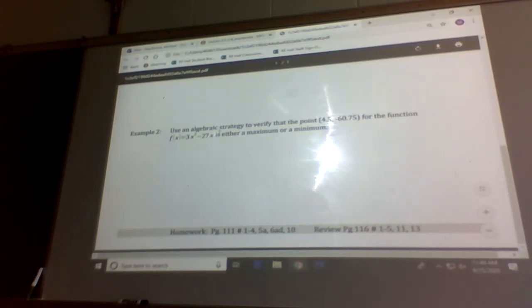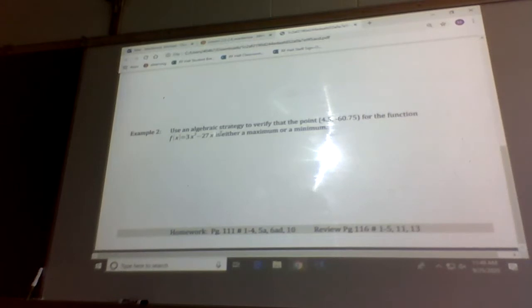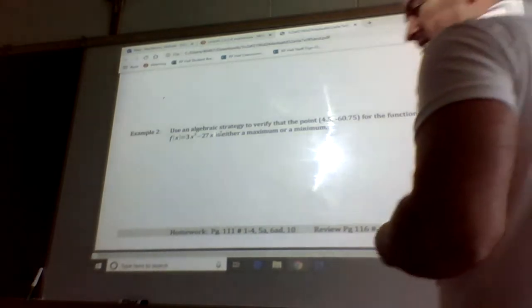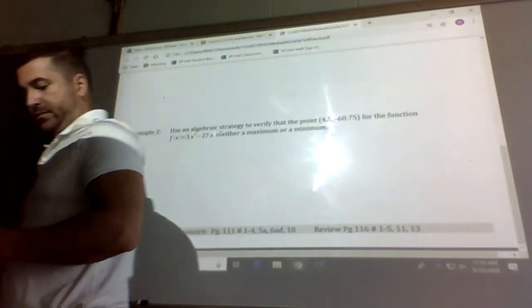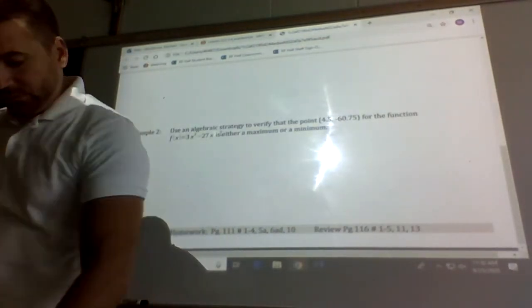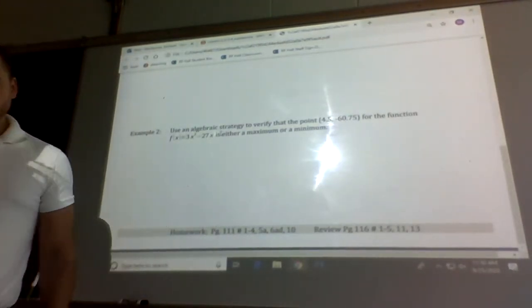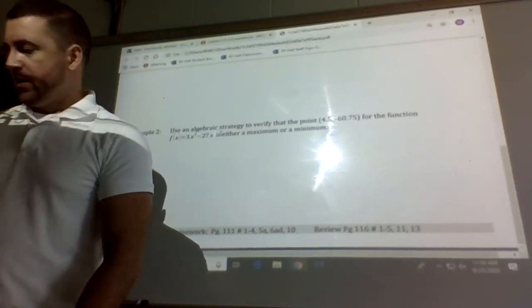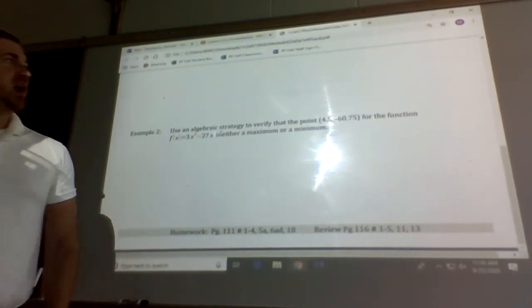Use an algebraic strategy to verify that the point (4.5, -60.75) for the function is either a maximum or minimum. So we have to prove that it's a maximum or minimum. I'm just going to change the process here.